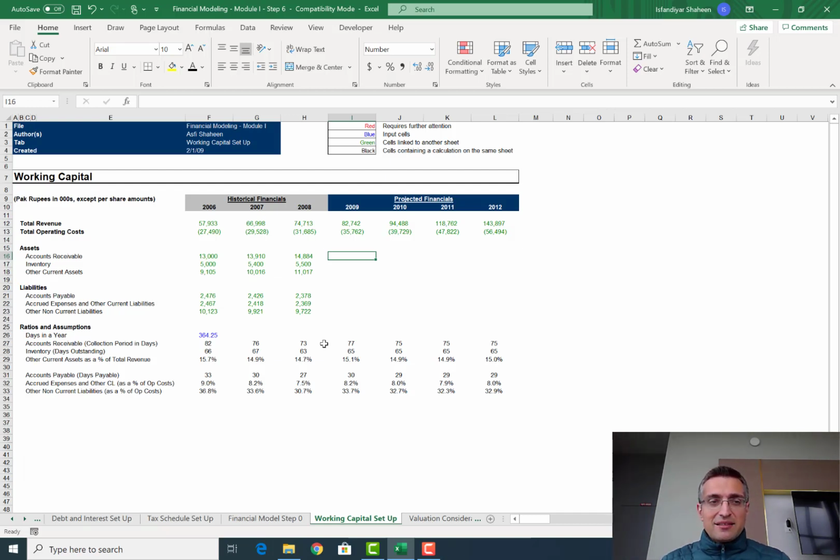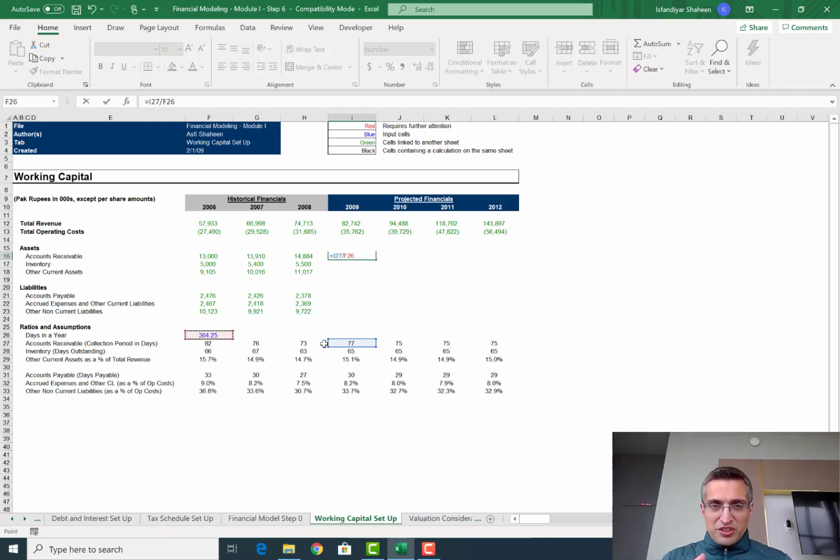If I want to calculate accounts receivable balance in 2019, I want to take the days outstanding expressed as a percentage of the year, multiplied by the revenue, and that is your accounts receivable balance.